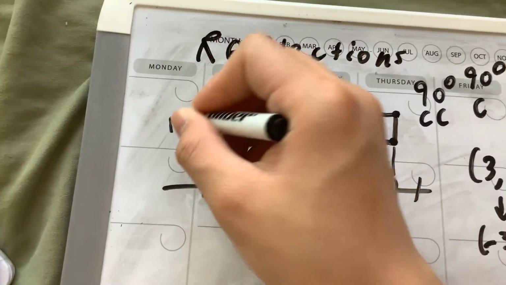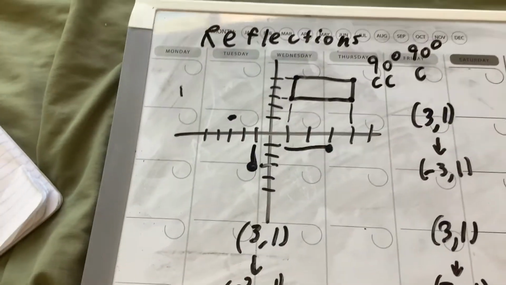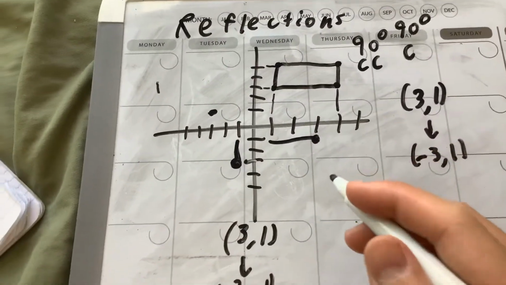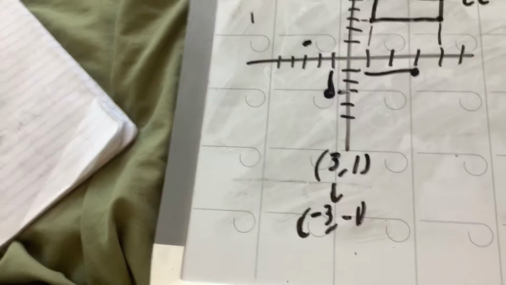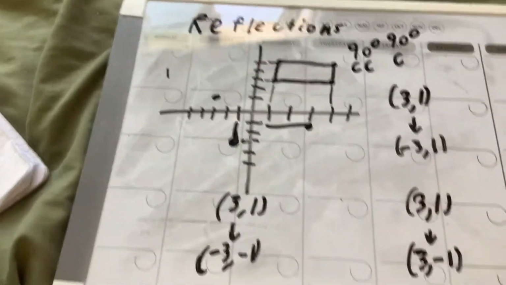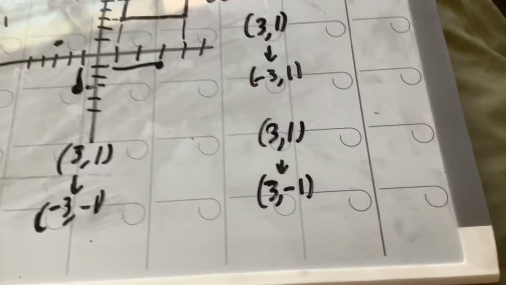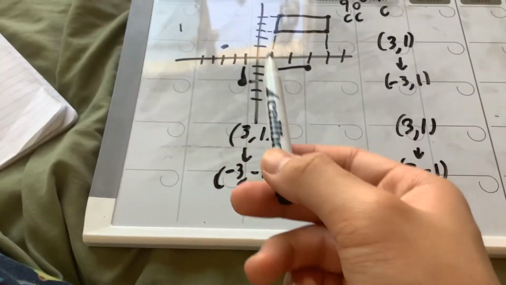Okay, we're gonna call this the first quartile. I think that was the second quartile, third quartile, and fourth quartile for now, because I don't remember my quartiles. First quartile, the x is always negative.